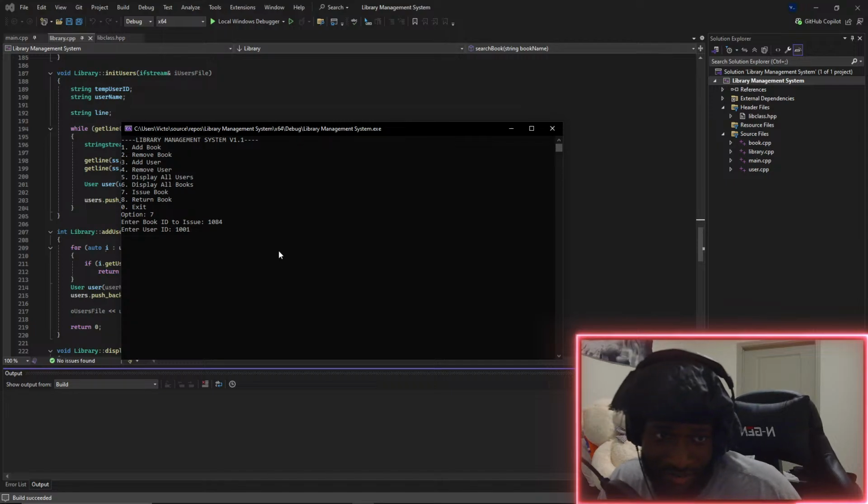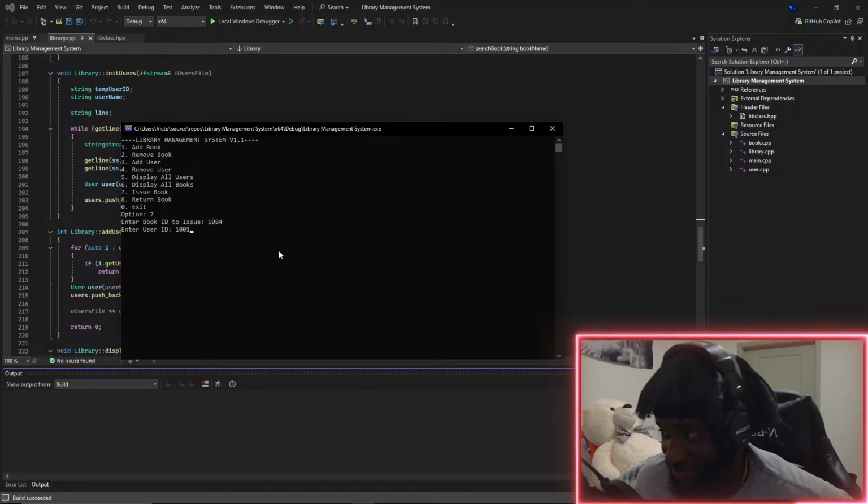If you want to understand, in Russia, the lowest temperature was -90. What? -90 degrees Fahrenheit? That's wild.